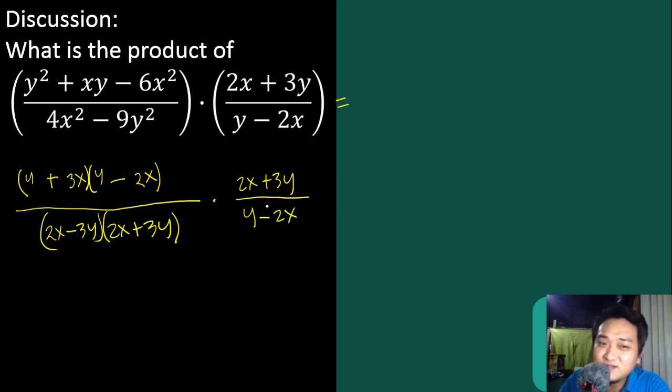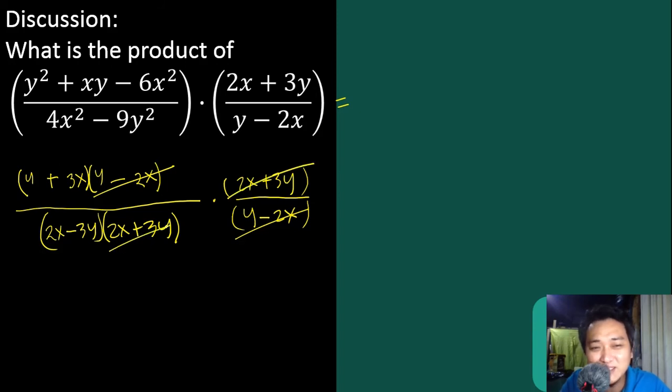Now let us try to investigate kung meron tayong pwede makancel. So here, bago tayo tumawid, kailangan tingnan muna natin kung meron tayong maka-cancel by its own rational algebraic expression. So y plus 3x, wala naman. So kung wala na, pwede na tayong tumawid. We can cancel immediately y minus 2x. We could also cancel 2x plus 3y.